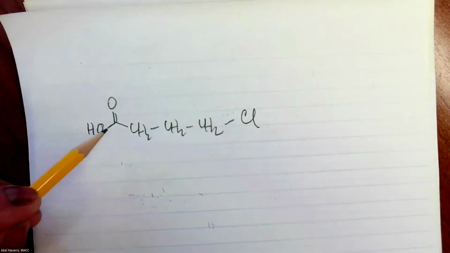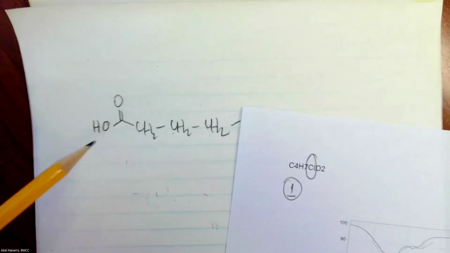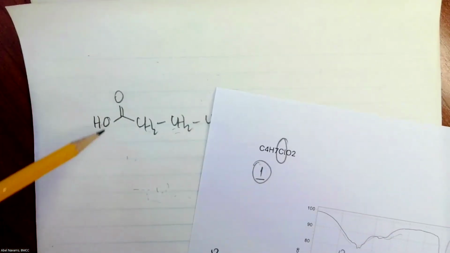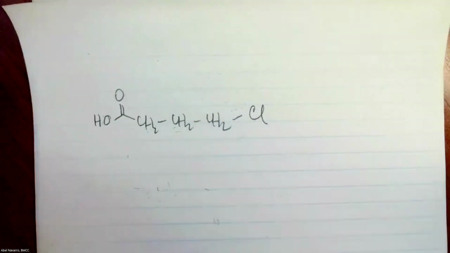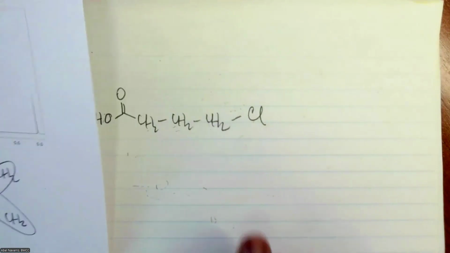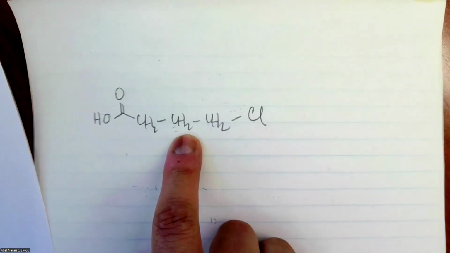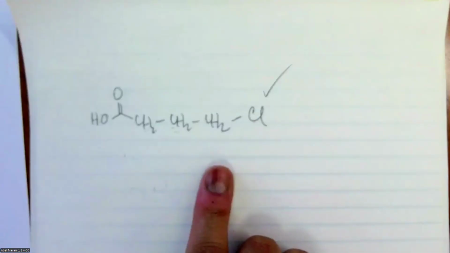Count the atoms. 1, 2, 3, 4 carbons. Yes, 4 carbons. 6, 7 hydrogens. 1 chlorine and 2 oxygens. Yeah. 1 DU, right? That's all. They all match in the splitting. Yeah, that should be a triplet. Yes, triplet. That should be a pentet, and that should be a triplet. Perfect.